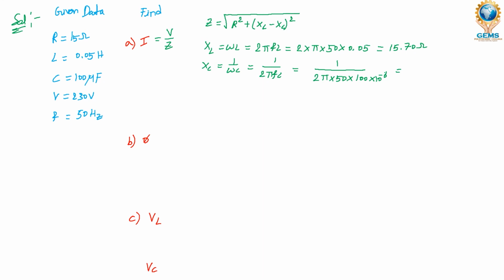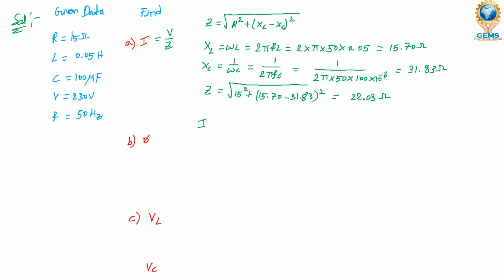We will get XC 31.83 ohm. From this we can calculate Z. Z equals square root of 15 square plus 15.70 minus 31.83 whole square. We will get impedance 22.03 ohm.